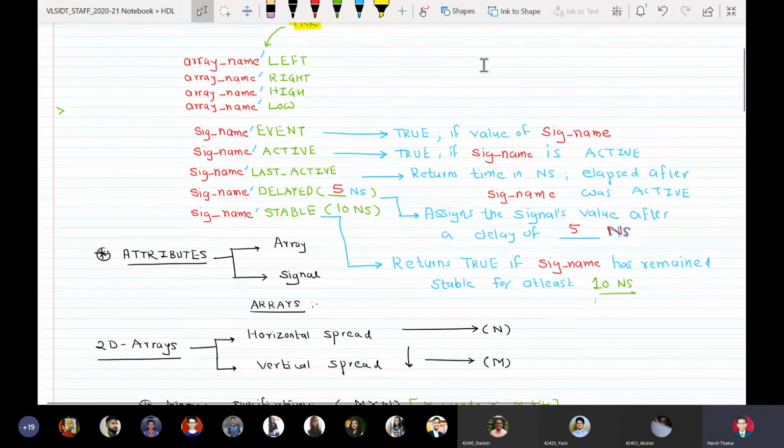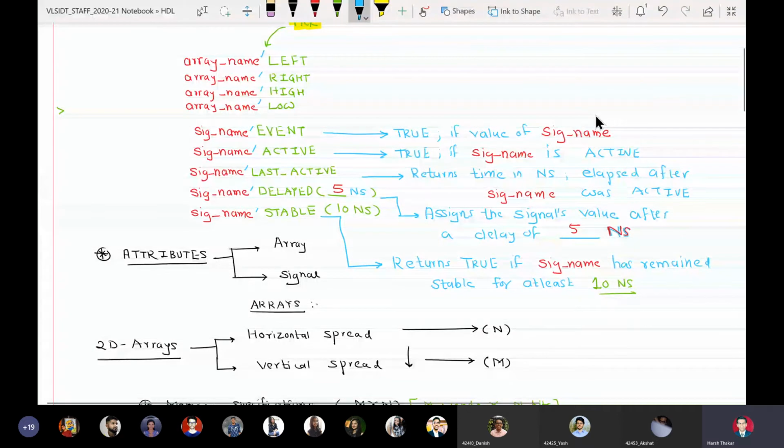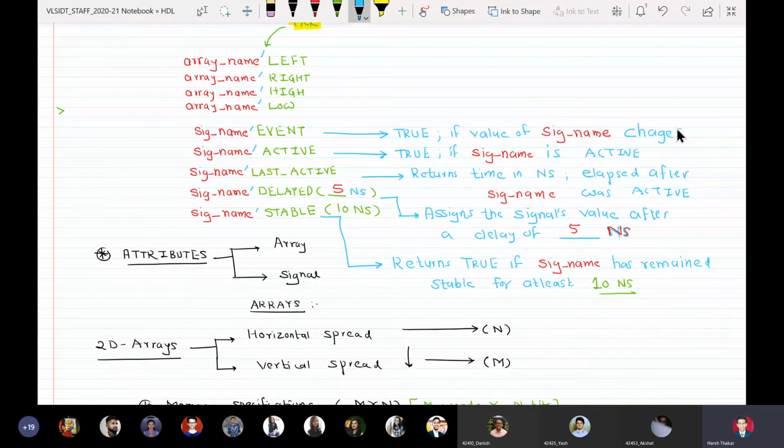changes, sorry, so it returns a true if value of signal name changes. Sig name tick active returns true if signal has remained active. Sig name tick last underscore active returns the time in nanoseconds elapsed after the signal was active.